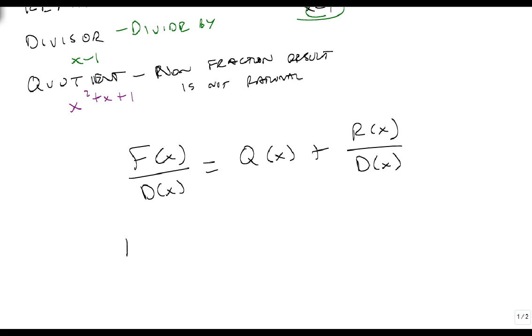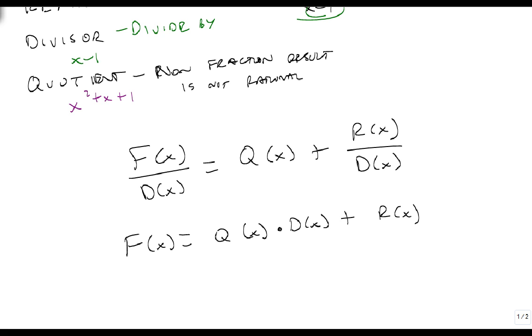Or if we multiply this through, f of x is equal to the quotient times the divisor plus a remainder. And if we do this, and each of these is a polynomial function, it'll give us every time our correct function, or correct division. But these are just ways of writing the answers.